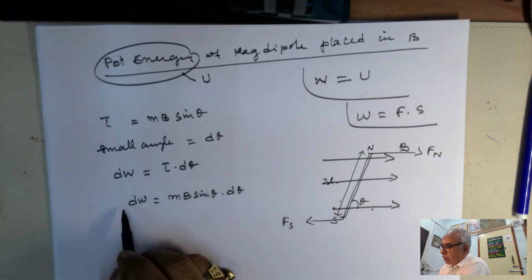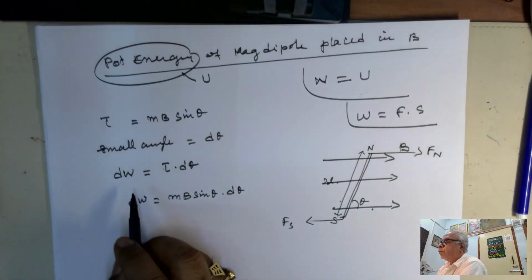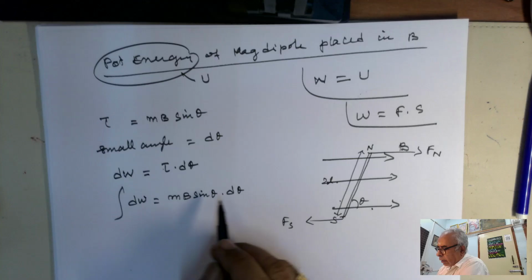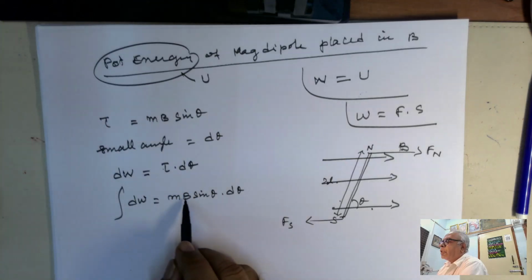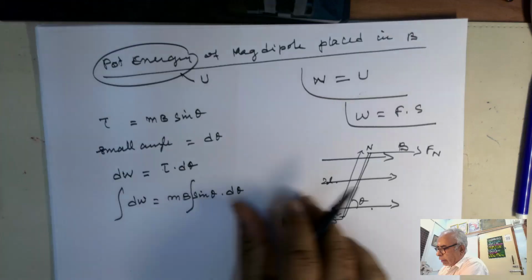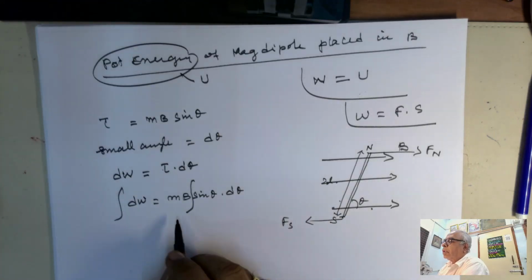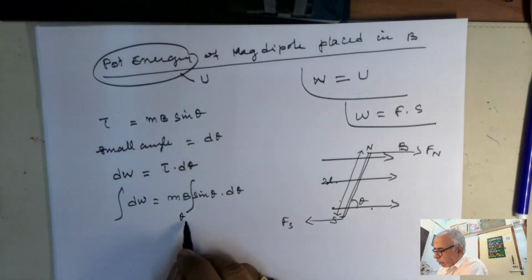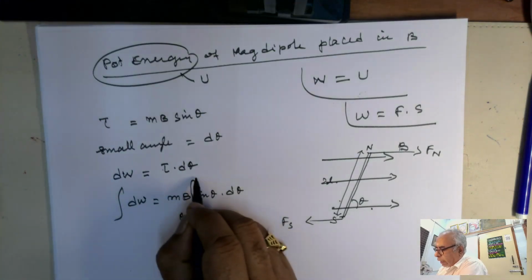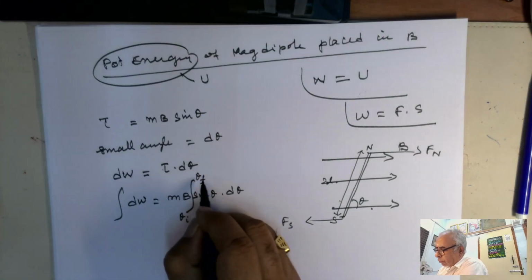Now let us integrate between the limits. mB is constant, so you can take it outside the bracket and put the integral of sine theta d theta. Initially there will be some angle theta i, and after that there will be a final angle theta f.